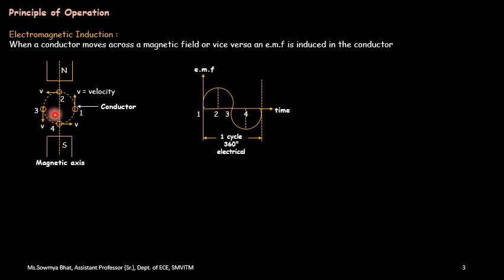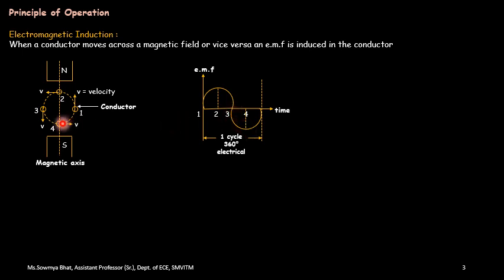For parallel it will be 0, for perpendicular it will show some d phi by dt, which in turn will show some value for the EMF induced. At 3 it was exactly 0, but from 3 to 4 it has started to increase in the reverse or opposite direction. That's why from 3 to 4 the EMF induced is greater than 0 in terms of a minus sign.